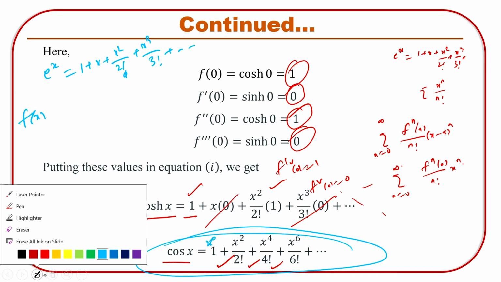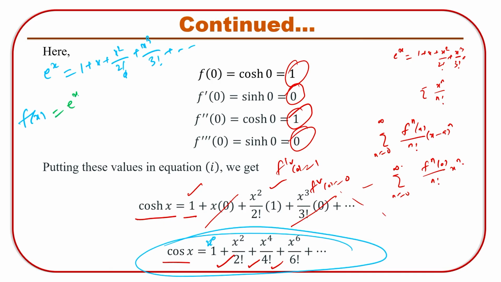So, let us say f of x equal to e to the x, f dash of x is equal to how much? e to the x, f double dash of x is equal to e to the x and so on. So, now f of 0 equal to e to the power 0 is equal to 1. This will also become 1, and all the derivative terms become 1.